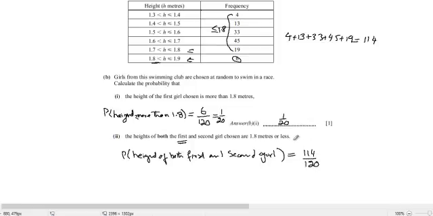Now once you choose the first girl, it is a turn to choose the second girl.